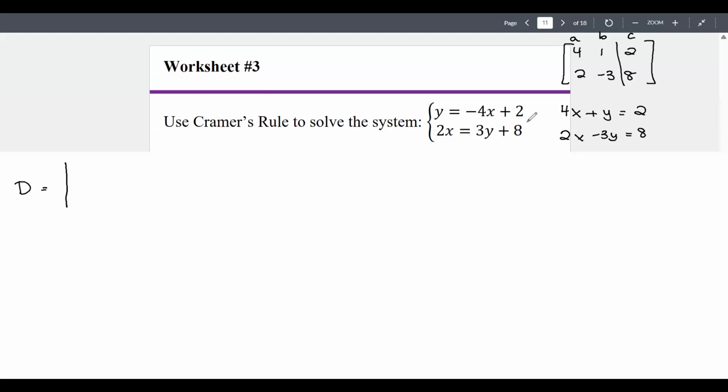D will be the A's and B's. So 4, 1, 2, -3. So we're going to get 4 times -3 minus 2 times 1. So -12 minus 2, we get -14.